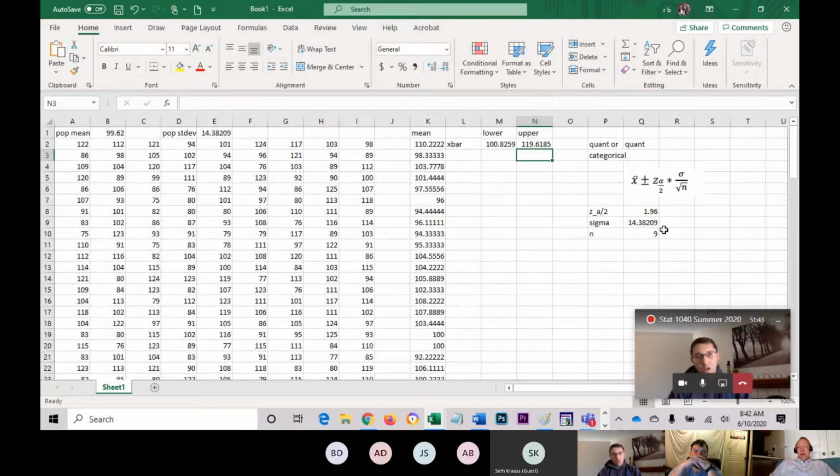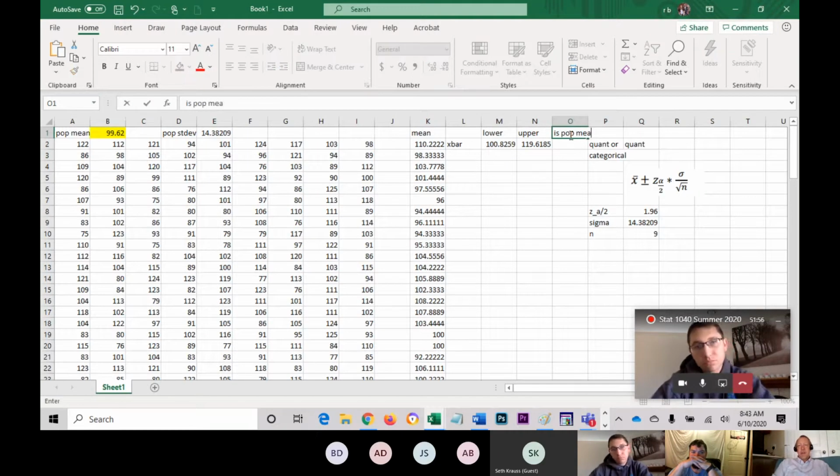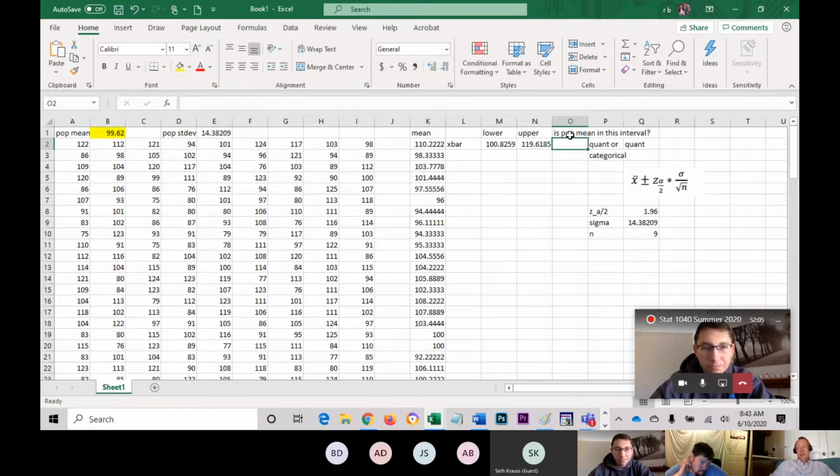Now, this is a little bit surprising because we know that our population mean in this case is 99.62. So is the population mean in this interval? It's not.